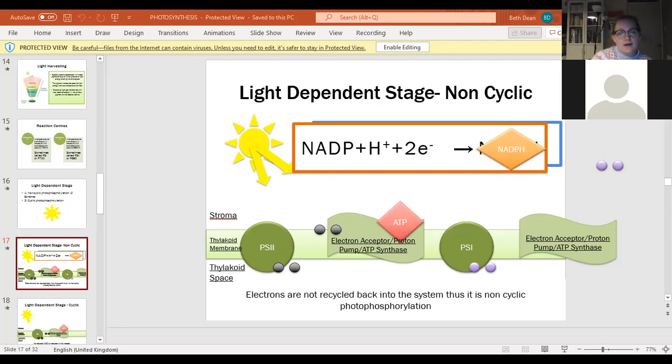So that is going to happen. Now, step 2. RuBP and CO2 produce a really unstable 6-carbon molecule, which breaks down immediately and forms 2 molecules of glycerate 3-phosphate.